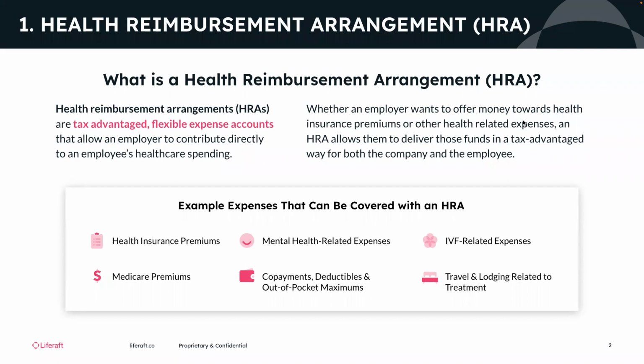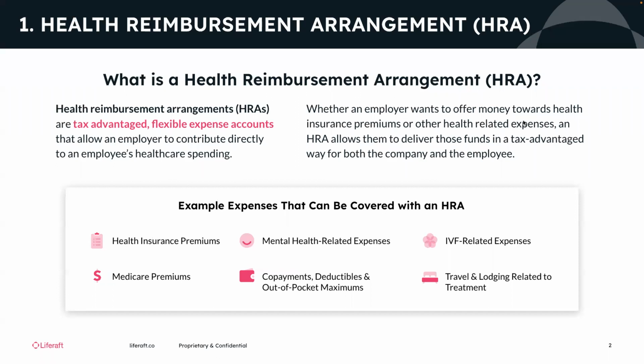There are a lot of things that can be covered, but a few really interesting examples are health insurance premiums. We'll talk a little bit about two specific HRA accounts that can be used to directly cover health insurance premiums.